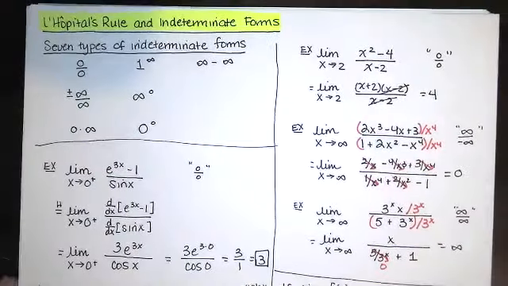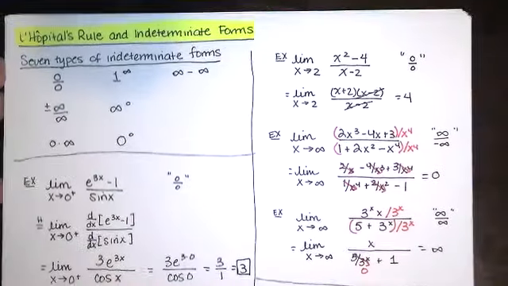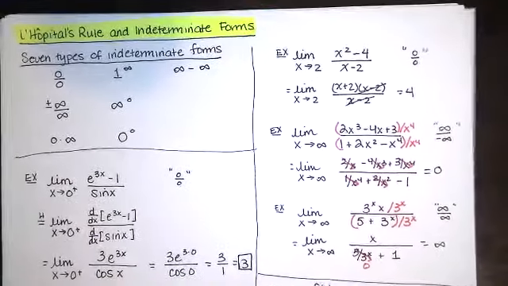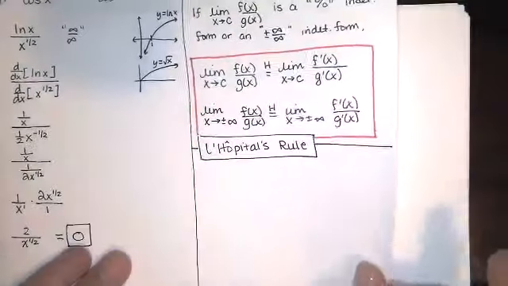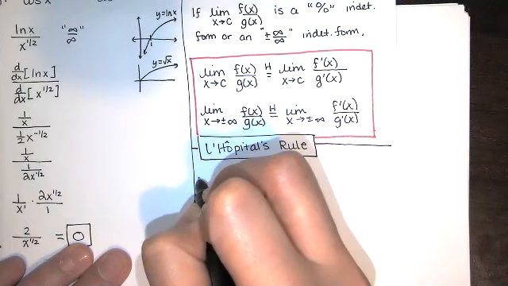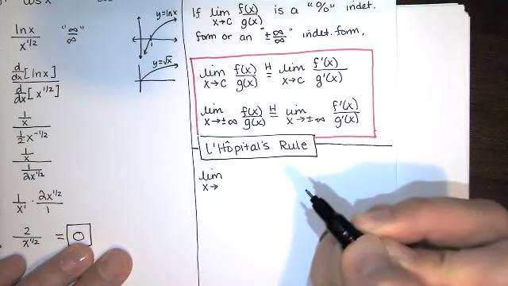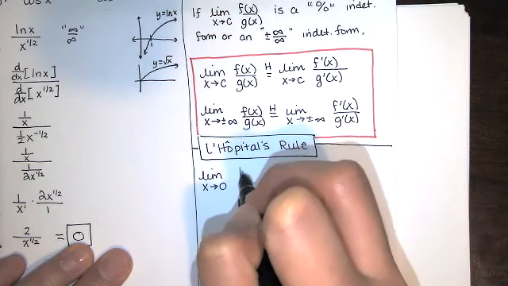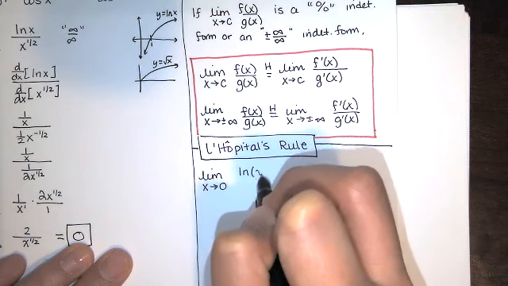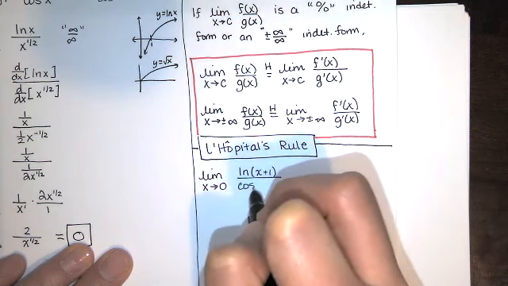So let's look at some other examples. Trying to make more space on my table here. Say we're letting x approach 0, and we're taking the limit of natural log of x plus 1 over cosine of x minus 1.